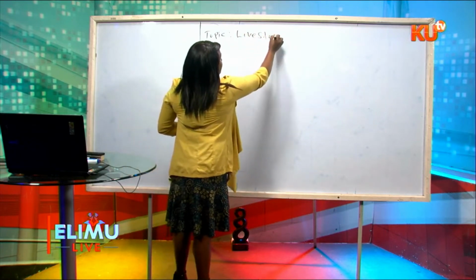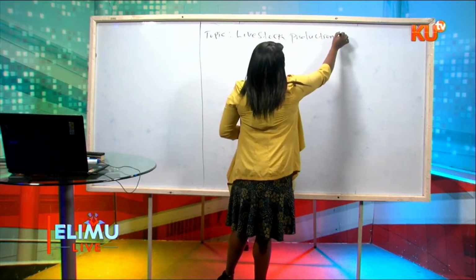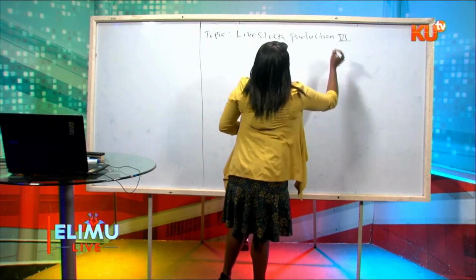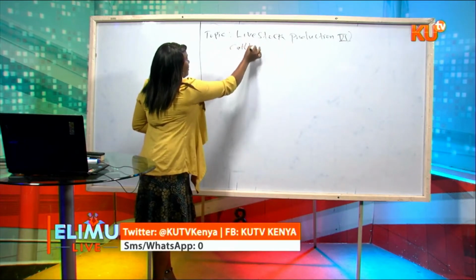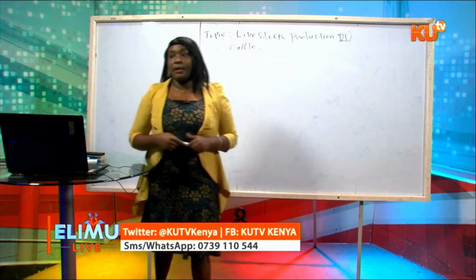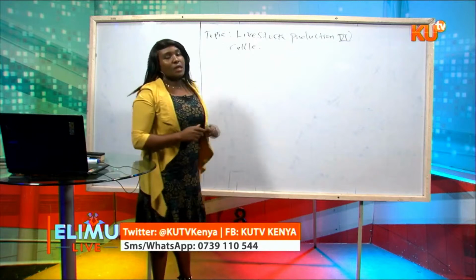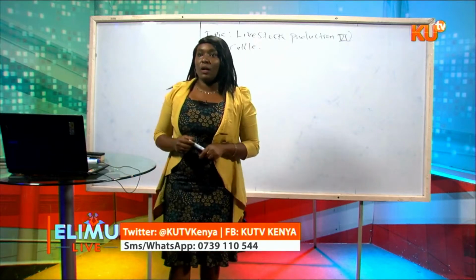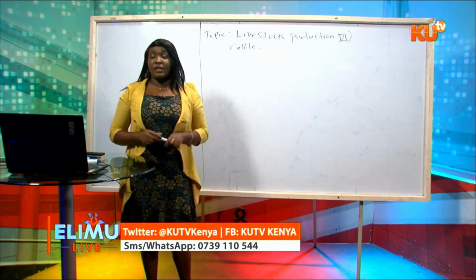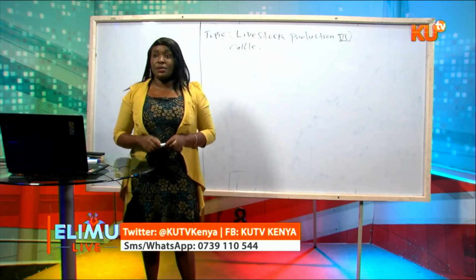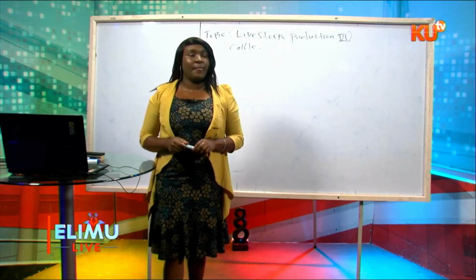The topic is livestock production 6. That is the cattle. I would like to give you a background on what happens when you're dealing with this topic in terms of the KCSE, because this is a candidate topic that is in Form 4.